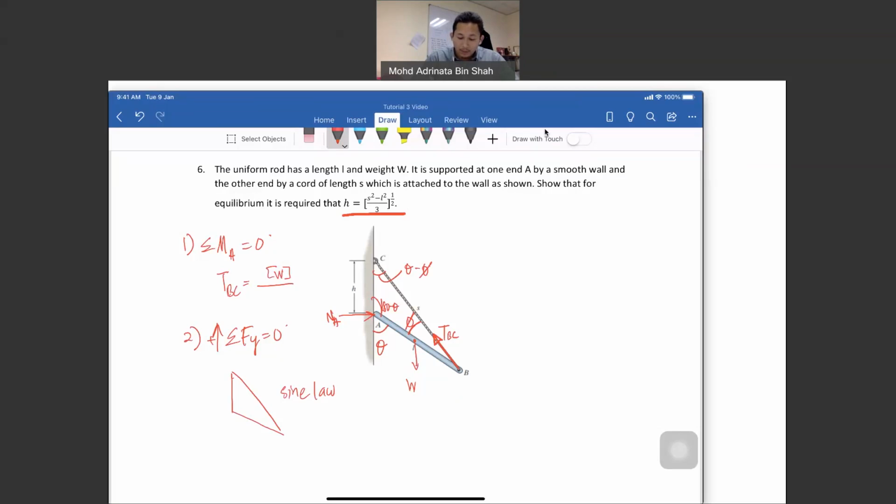Using sine law, and then you need to use cosine law. Cosine law: A squared equals B squared plus C squared minus 2BC cosine A.